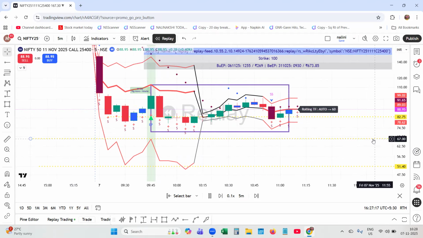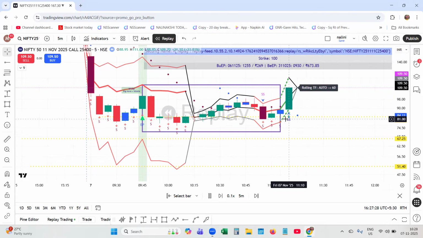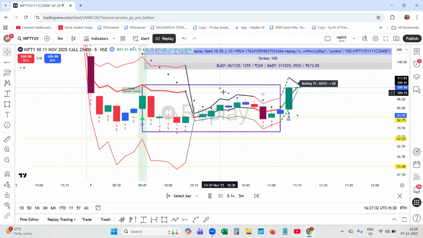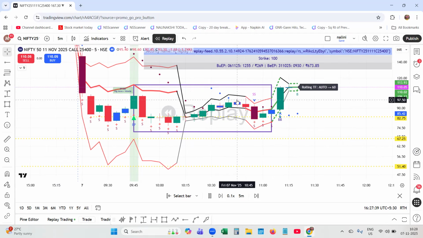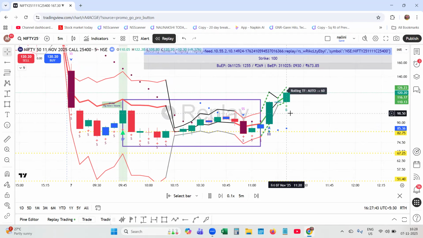Now let us see what it is doing. Yes, this is the time all my pivots turned green and price is above the GannHiLo. Till that time, the price was not above the GannHiLo trend changer, friends. Okay. Now market picked up.